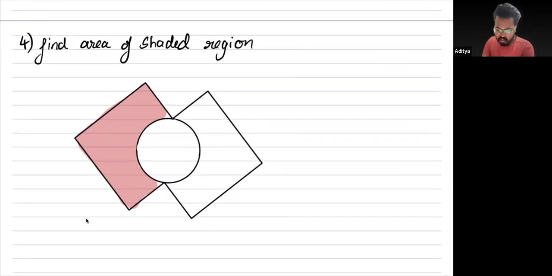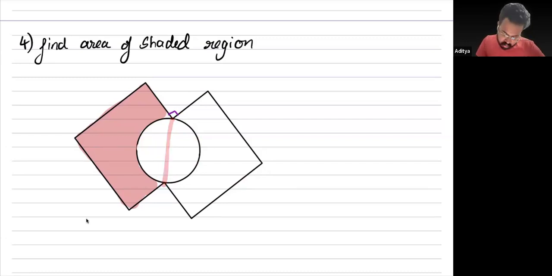Try question 4. Find the area of the shaded region. I'm giving you a description of the figure. These are two squares whose sides are bisected at 90 degrees, and then a circle is made whose diameter is equal to the length between these 2 points.